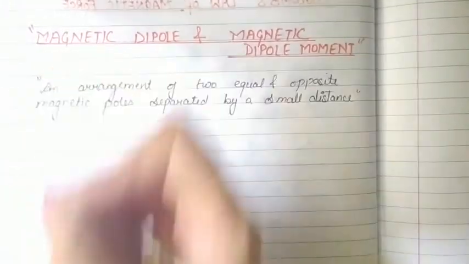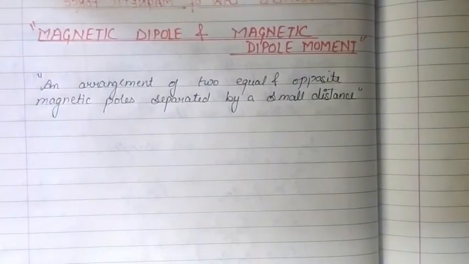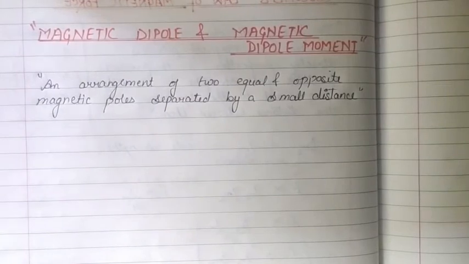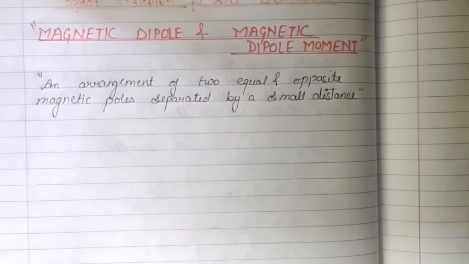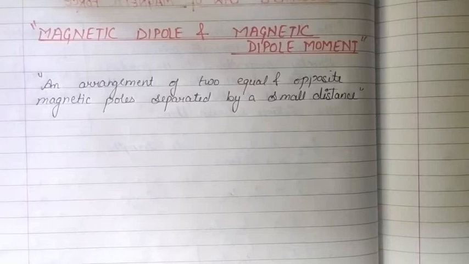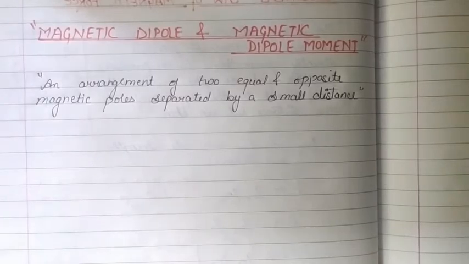This is called a magnetic dipole. As a magnetic monopole never exists, there is always a magnetic dipole. The simplest structure that exists in magnetism is the magnetic dipole.